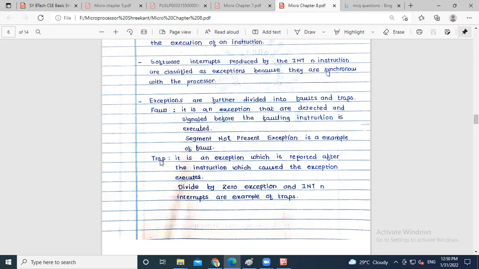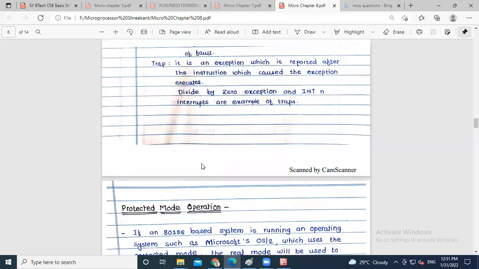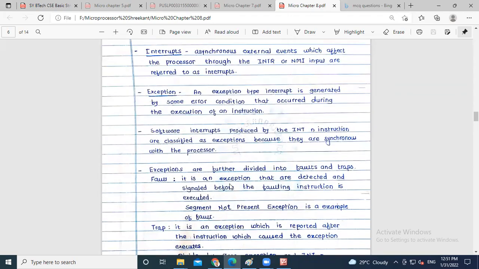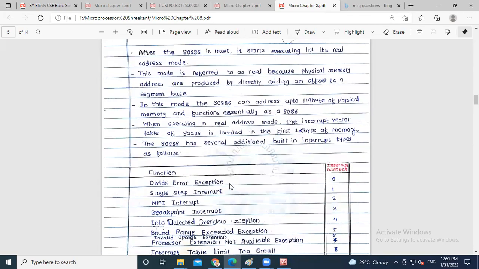So divide by zero we use as a trap, and for faults, if any data is missing or not available, we use the fault exception. If it is a divide by zero condition, we use trap exceptions. These are the different exceptions we studied, and these are the exceptions the 80286 handles.